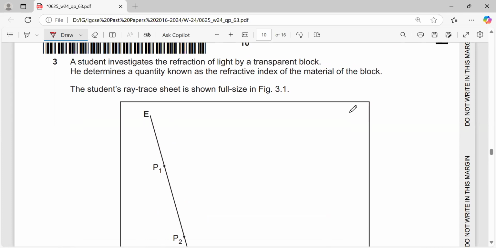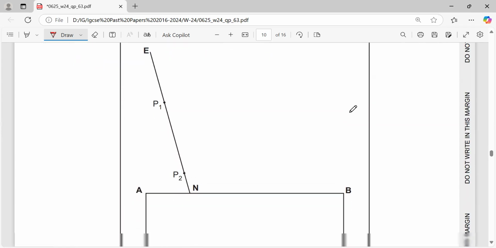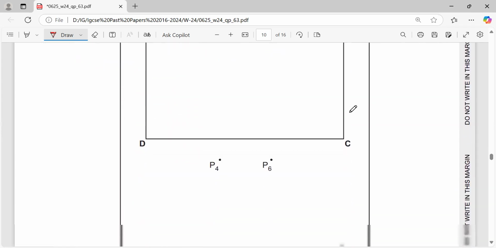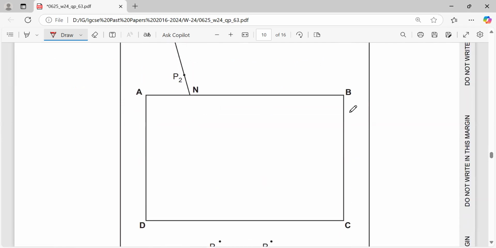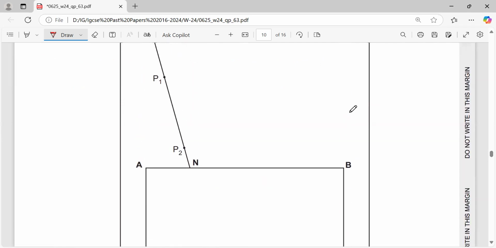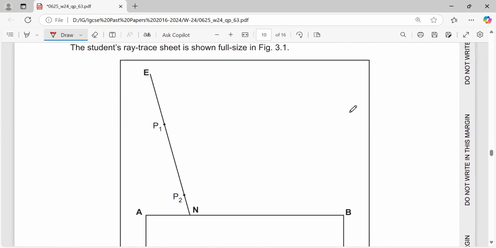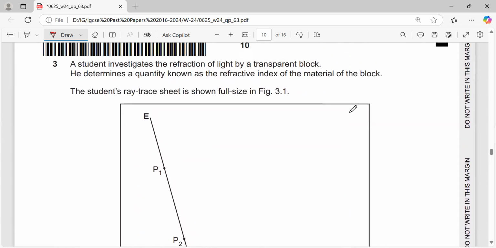He determines a quantity known as the refractive index of the material of the block. The student's ray trace sheet is shown in full size in figure 3.1. ABCD is the transparent block, and then some incident rays are drawn and some pins are placed. We will see it one by one.